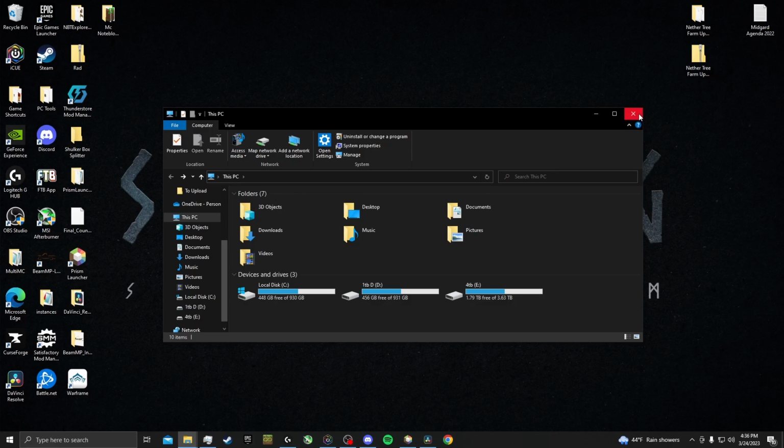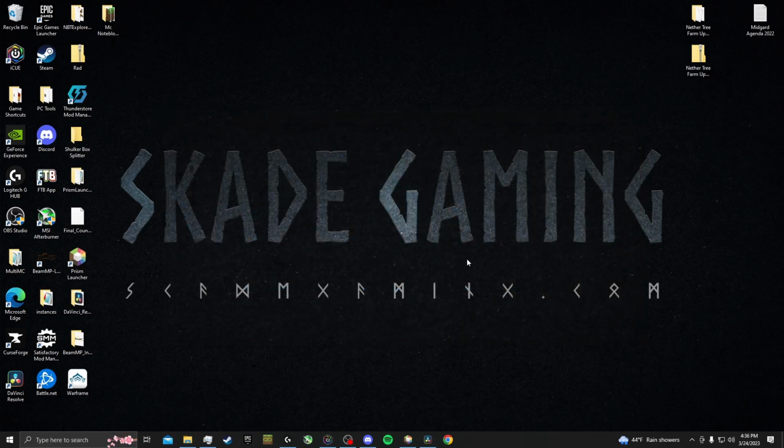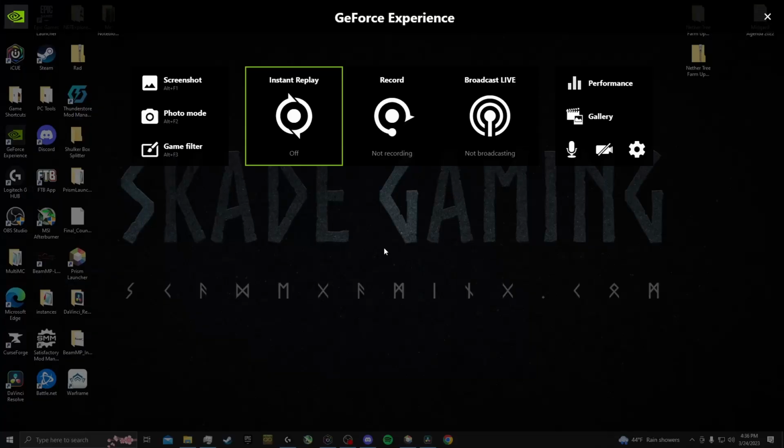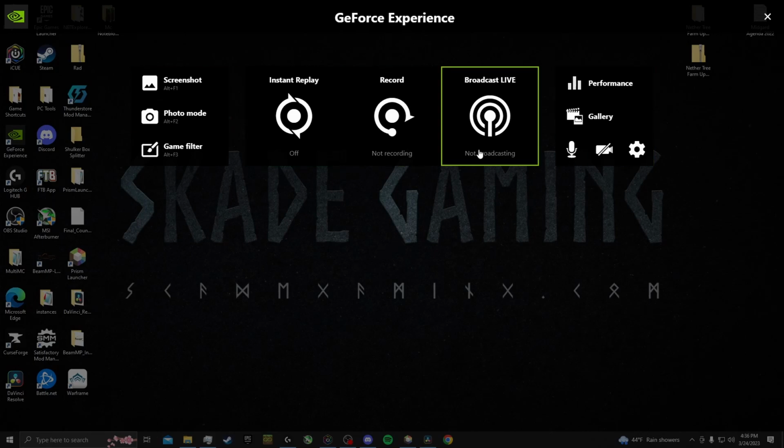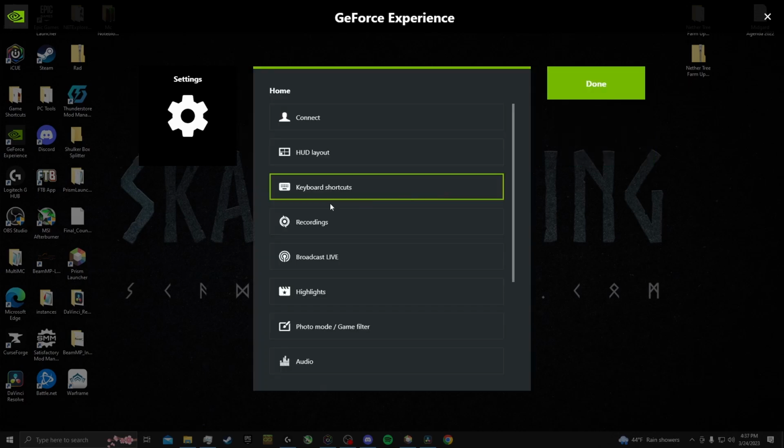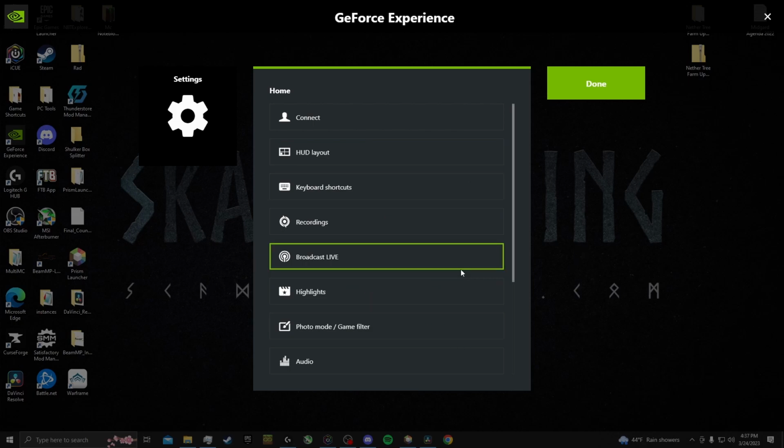For the longest time, I thought NVIDIA Highlights was to blame. This is the GeForce Experience overlay I just pulled up.